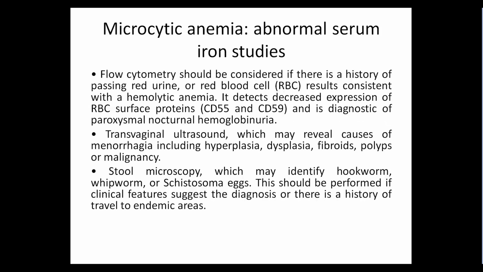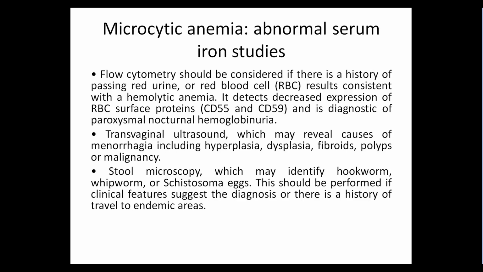Flow cytometry should be considered if there is a history of passing red urine or red blood cell results consistent with a hemolytic anemia. It detects decreased expression of red blood cell surface proteins and is diagnostic of paroxysmal nocturnal hemoglobinuria.